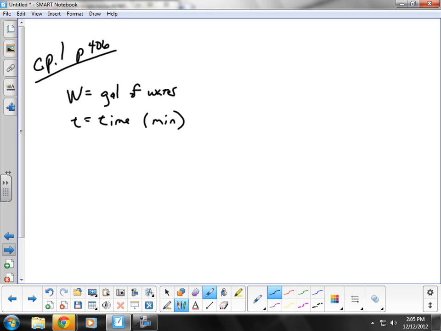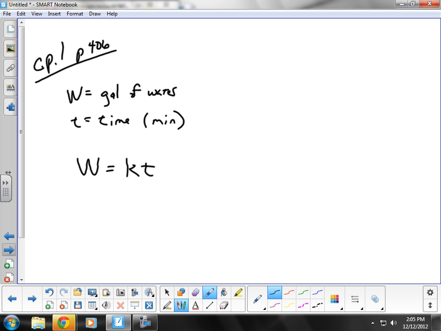Okay, so where it said this, the number of gallons used when taking a shower varies directly. So W is equal to some K times T. Anytime you see that word varies directly, you take the letter is equal to K times the other letter. Okay, there's your equation.